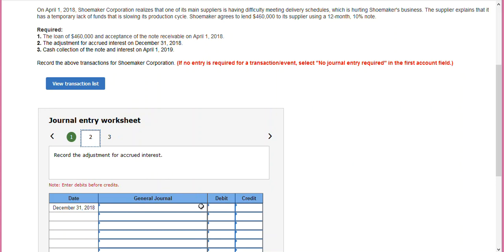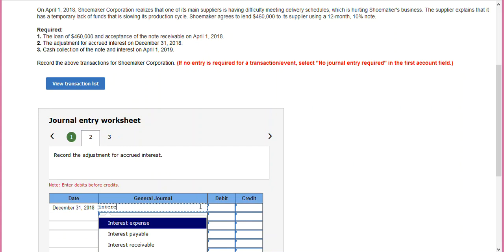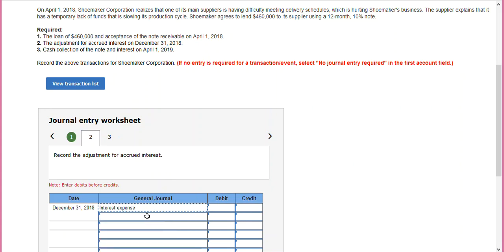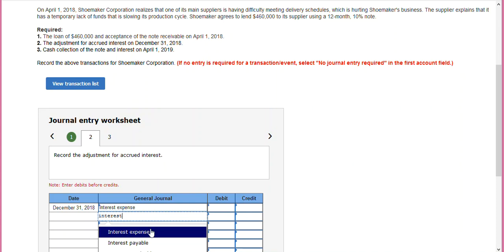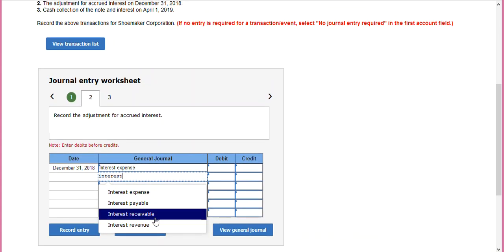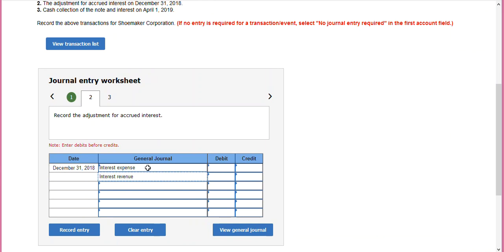So we're accruing interest, so the debit's going to be the interest expense. I'm sorry, it's not interest expense, it's interest revenue because they owe us. Let's do it this way. So interest revenue, because we gave them a loan, so they owe us.